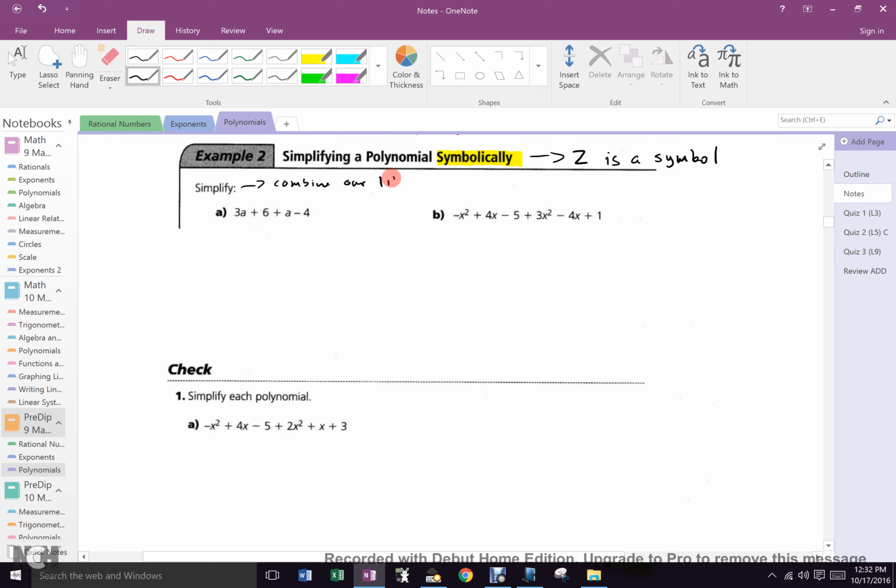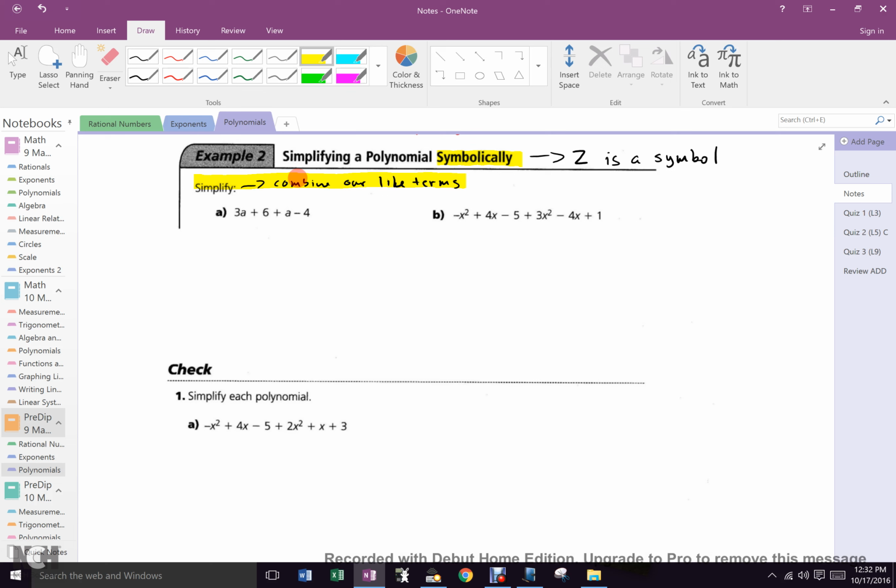our like terms. Now, guys, I cannot stress this enough. This concept of combining like terms being simplified is kind of like breathing in math. You need to know it. You need to know to do it automatically.